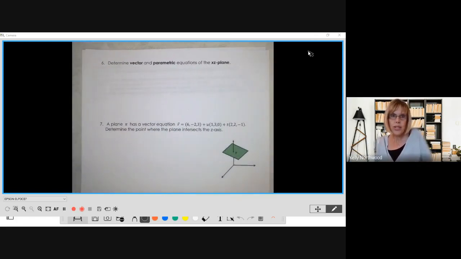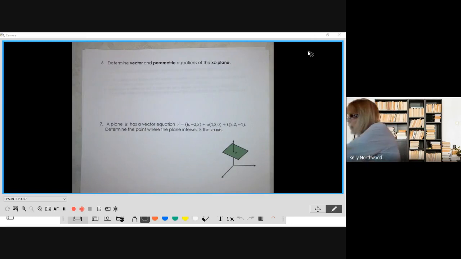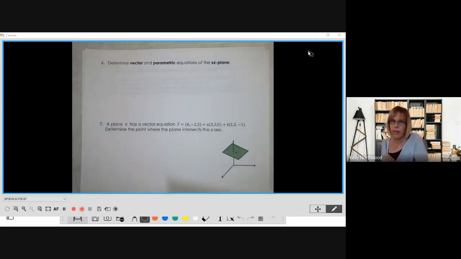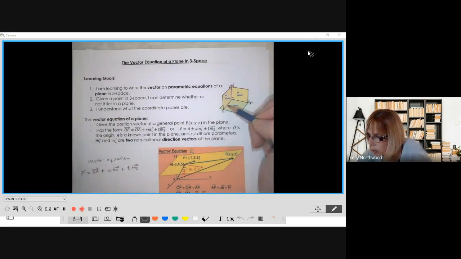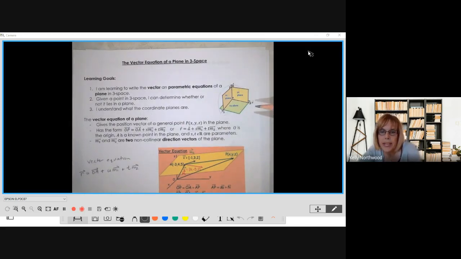Okay, question 6. Determine vector and parametric equations of the XZ plane. I'm just going to go back to our first little picture here from the front. So this is the XZ plane here in orange. Remember it extends in both directions, but to get the equation of a plane, you need a point you know is on it and 2 directions.